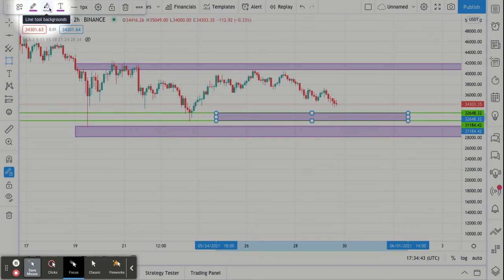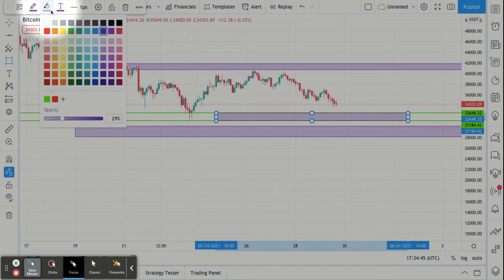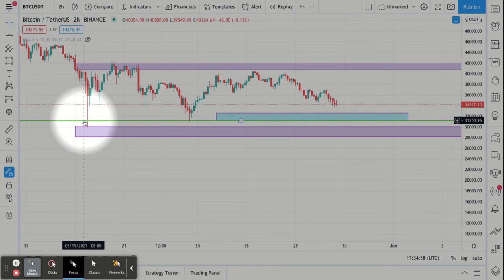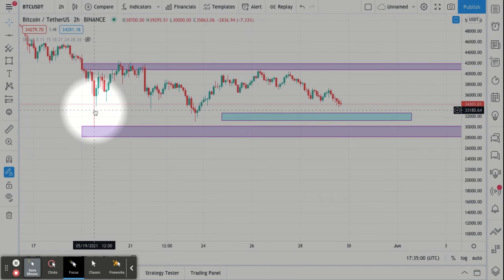So let's make that one a different color. Let's fill it with, we'll do a pinkish color. Nope, we're going to do a different color. We'll do blue. And the reason why I'm doing that is because, honestly, personally, I'm not going to count this wick.